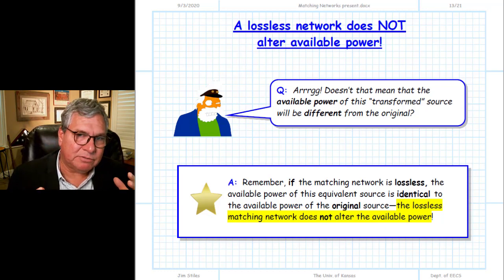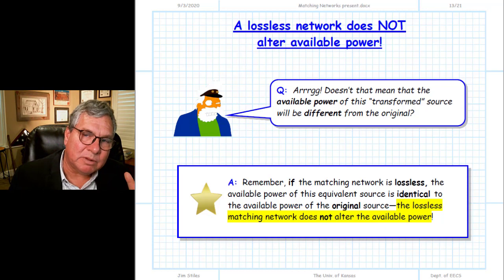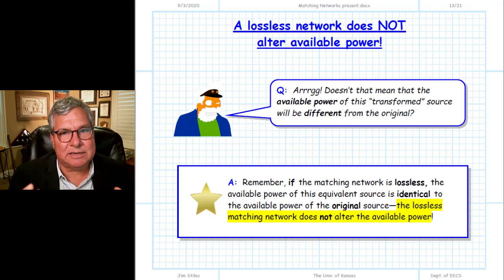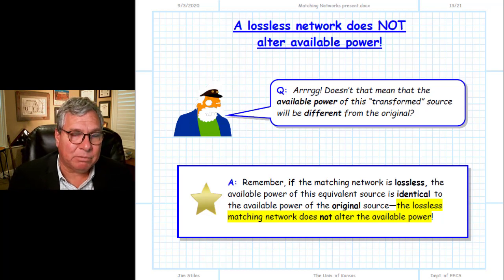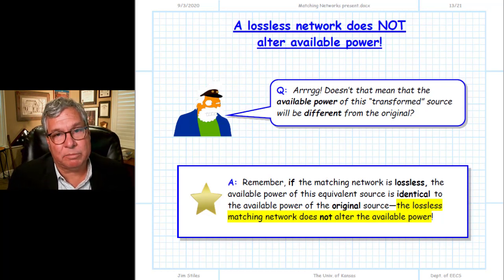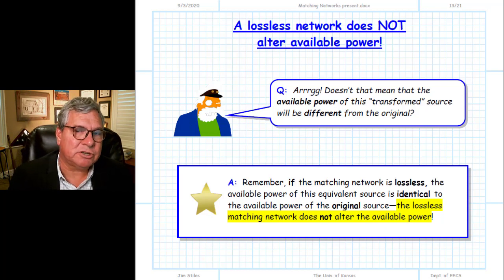Again, we transform VG into Vout and we transform ZG into Zout. It seems since we transform both of those values to different values that our available power will likewise be transformed. The available power of the transformed source will be different than the available power of the original source.